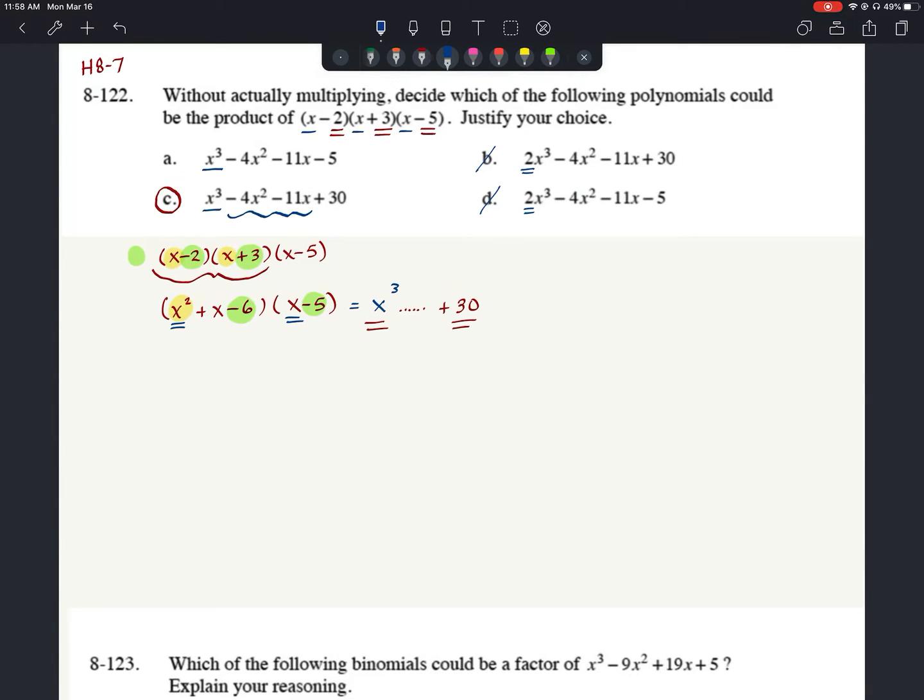I'm just trying to come up with an answer quickly. The first term comes from the product of the first terms, and even more importantly for what we'll be getting into, the last term comes from the product of the last terms in each of the binomials.